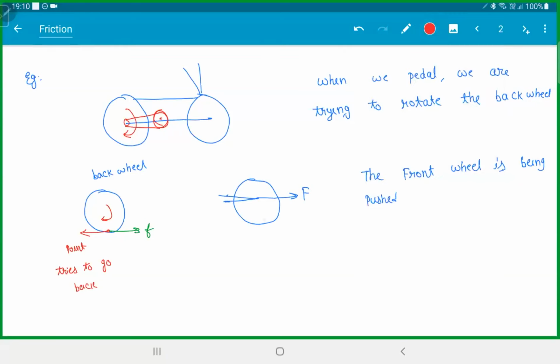That means this point is actually trying to go forward. The friction will act backward. It will be different. So friction on the back wheel will be front and on the front wheel will be back.